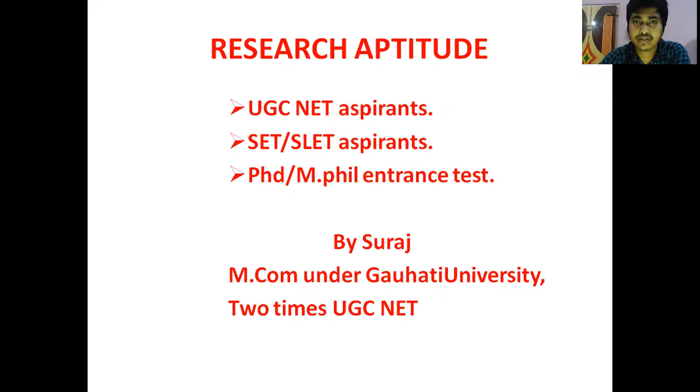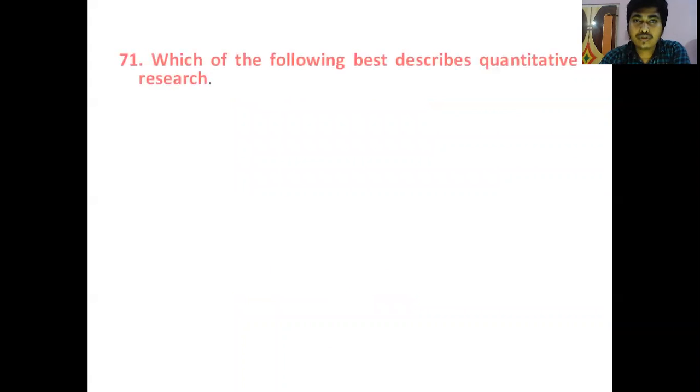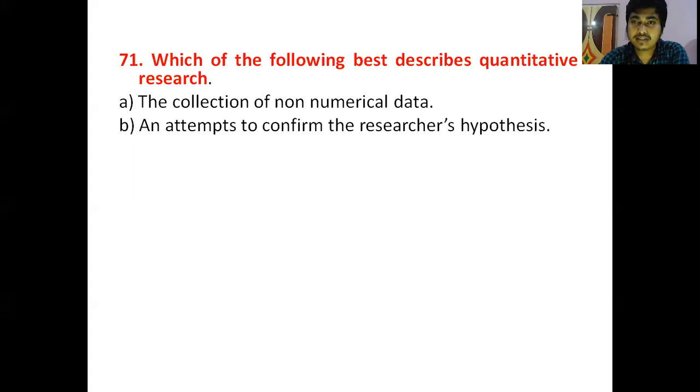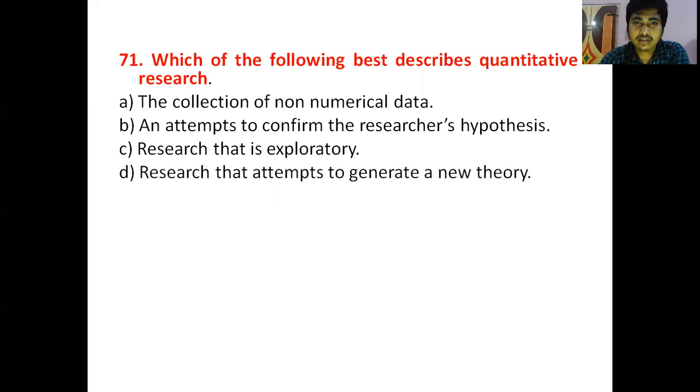The first question is, which of the following best describes quantitative research? Option A is the collection of non-numerical data. Option B is an attempt to confirm the researcher's hypothesis. Option C is research that is exploratory. And option D is research that attempts to generate a new theory.